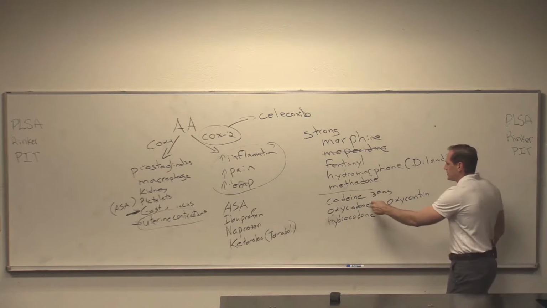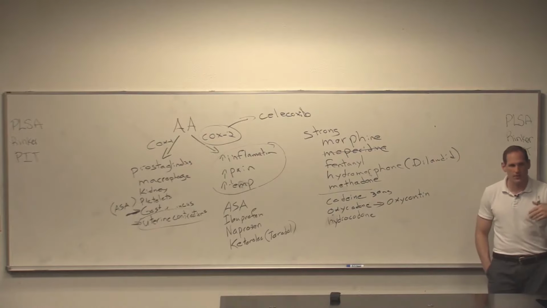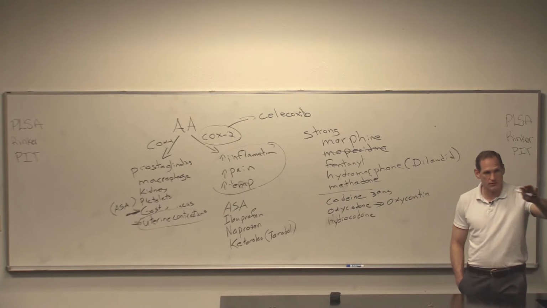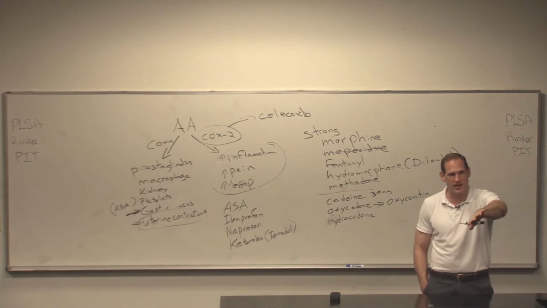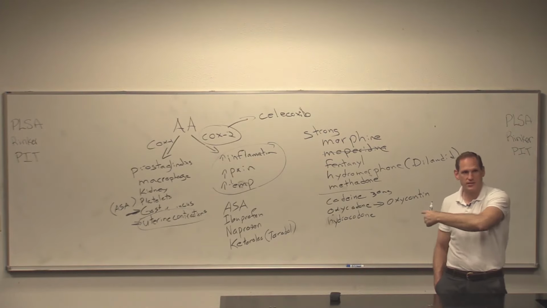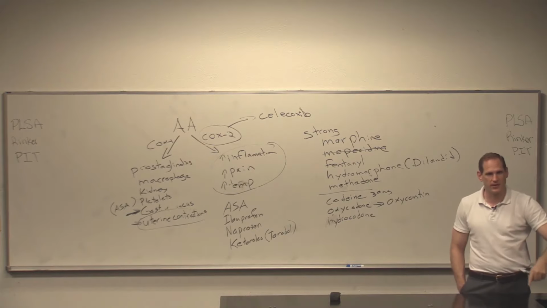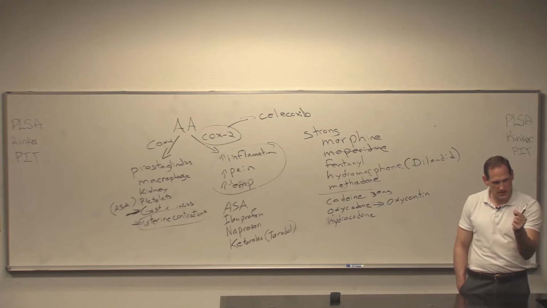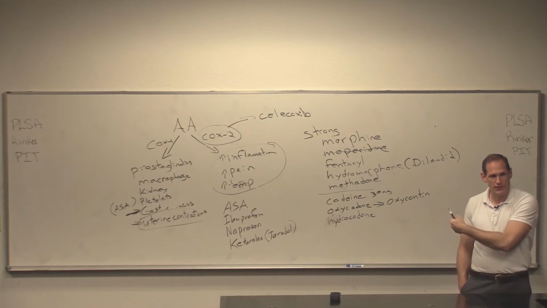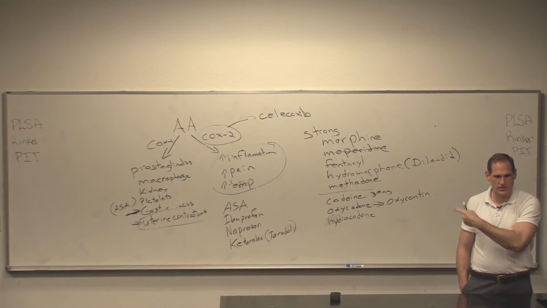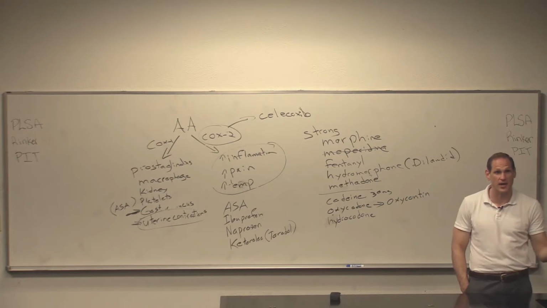Oxycodone is usually found in the form of Percocet, which is either 5 milligrams or 10 milligrams of oxycodone. OxyContin came in 20, 40, and 60 milligrams. So if you had 60 milligrams and you crushed it, it'd be like getting the equivalent of 6 Percocets at the same time.